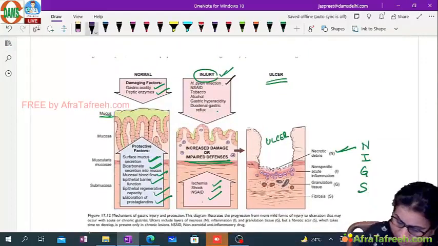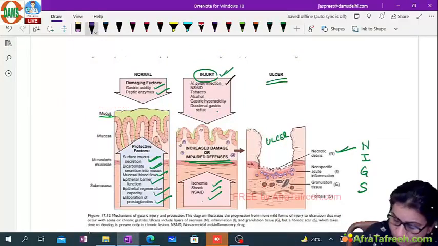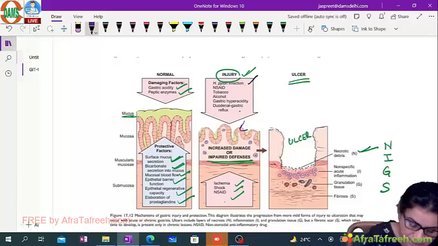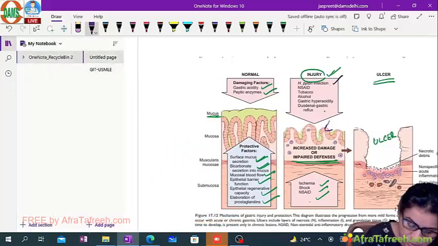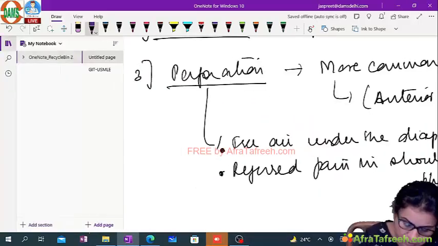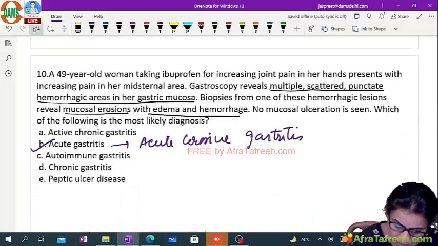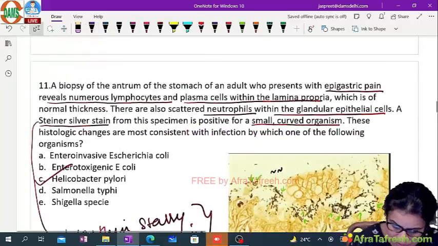It is involving the full thickness of the mucosa, not just the lining epithelium but the entire epithelium, and it is going even into the submucosa as well. That is the ulcer. Now we have to go back to the question. So the answer is acute erosive gastritis. We have seen this question.